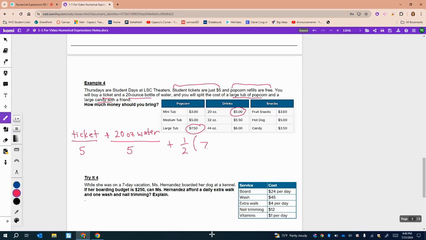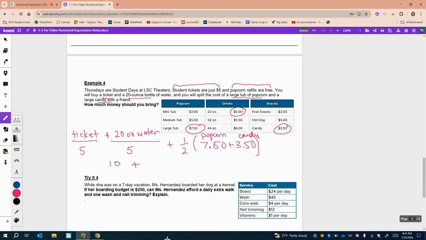And then we have to worry about our candy too, right? So our candy is $3.50. Right? So now I can just double check. So this is my candy, and this is my popcorn. And normally I would tell my students to go back and read that, make sure we're okay. All right, so let's just start adding that together. So we have ticket and 20-ounce bottle of water is $10.